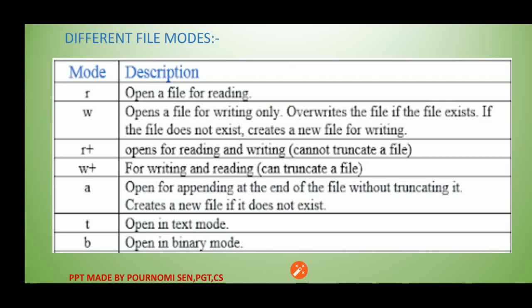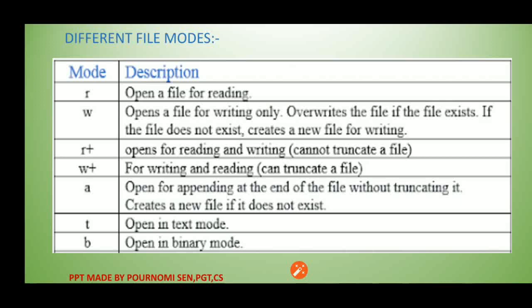R plus, it will open for reading and writing, but if there is no file with the same name, it will not create a new one. W plus, again for writing and reading, but it will create a new file if there is no such file with the same name. A is for appending.